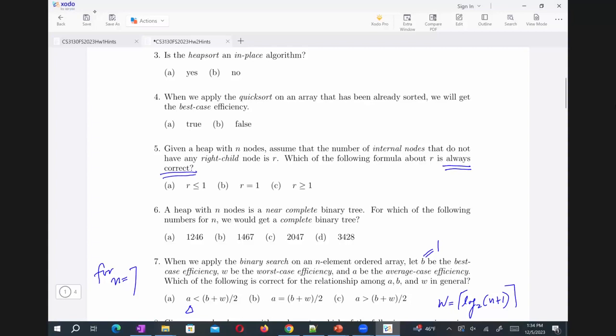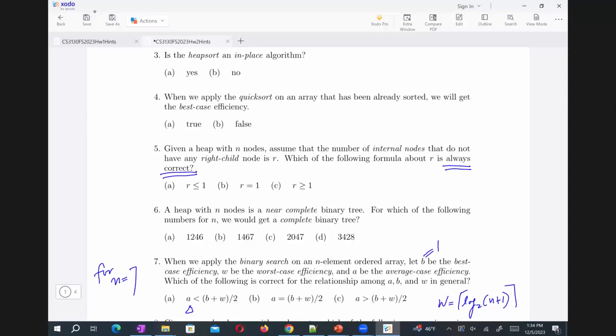Because in my wording here, I said always correct. Although C included 1, can you say C is always correct? If B is always correct, then C is always correct too, because 1 is greater than or equal to 1. How about if R equals 0 sometimes? Well, then both B and C are wrong.